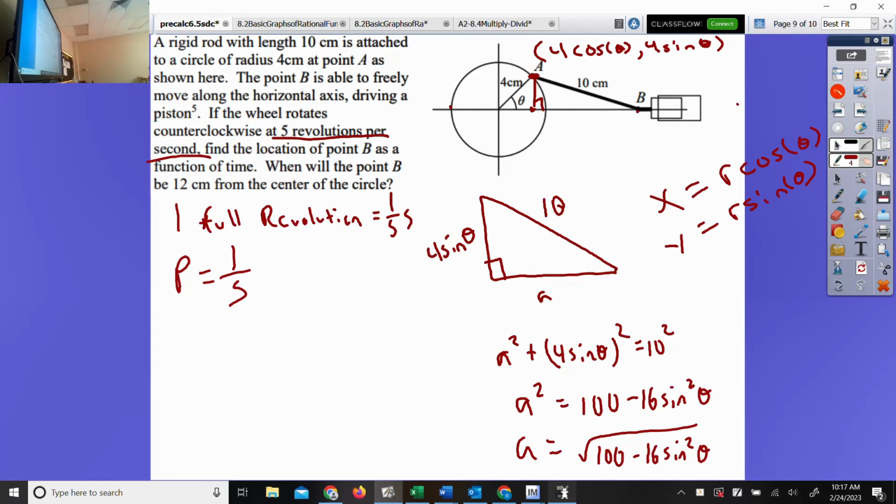There's your missing length right there. Does anybody know what this little length is? That's right, Zach. That little length is 4 cosine theta.